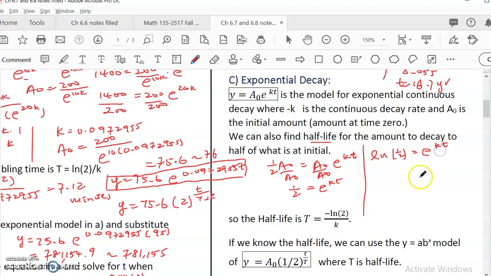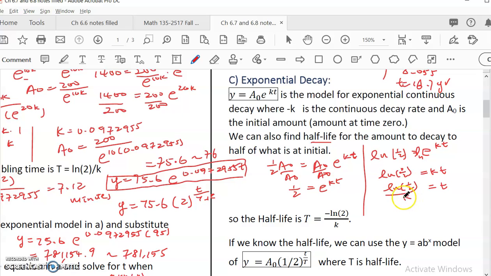ln of 1/2 would equal ln of e to the kt, so kt would come outside, and kt equals ln 1/2. So t is equal to ln 1/2 over k.